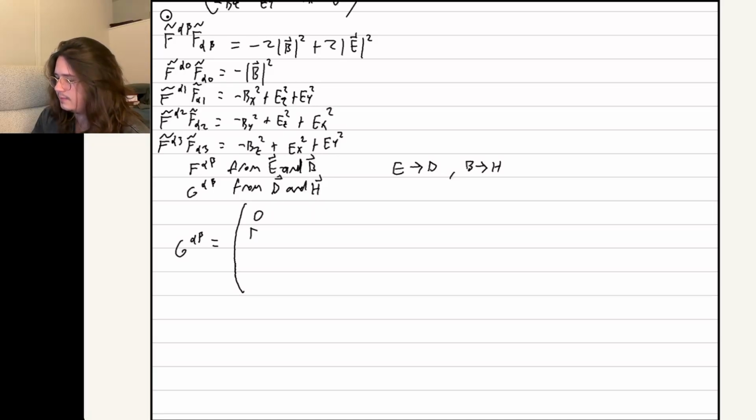So this is going to be the macroscopic field strength tensor, which is minus dx. It has all the same properties as the other field strength tensor. It's now just talking about within a medium.